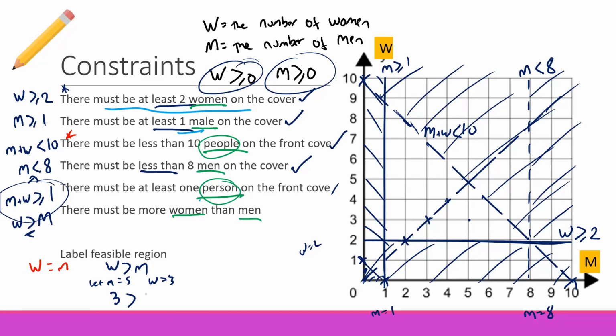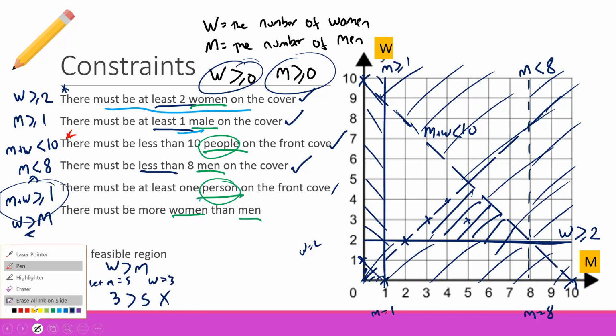Is 3 greater than 5? No, it's not. So therefore, this is not in the region. So therefore, I would cross out everything else. So I'm going to do that like this. And that now gives me a feasible region that looks like this.